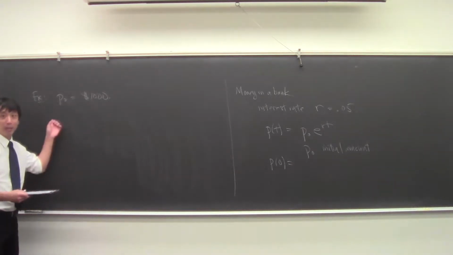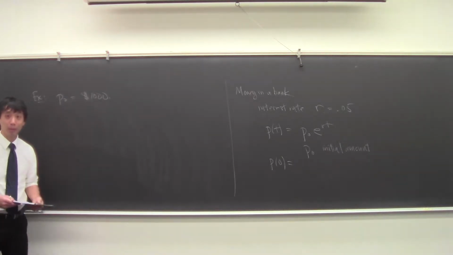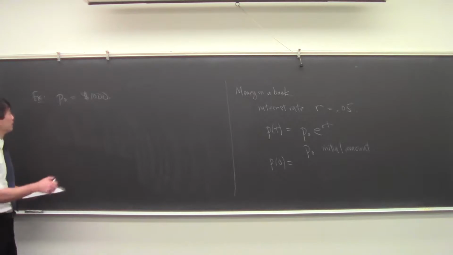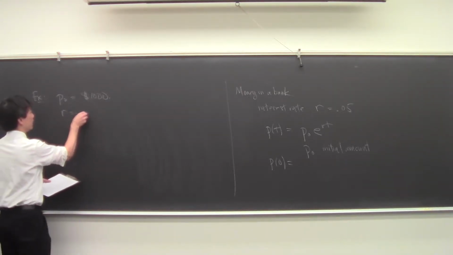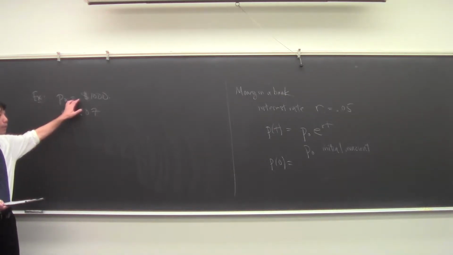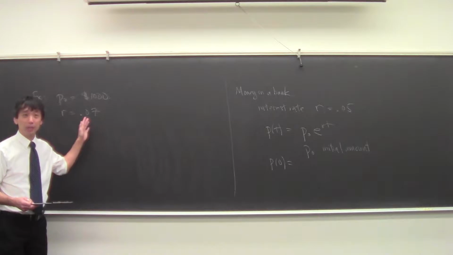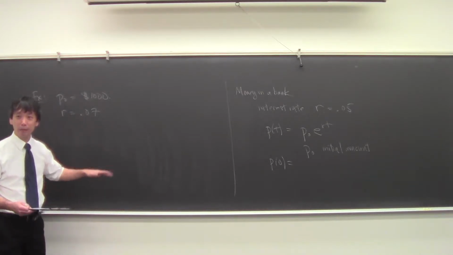You decide to put your money in the stock market instead. For a long period of time, the stock market used to average about 10% growth every year. Nowadays, it's like 6 or 7%. So let's say that the rate is 0.07 now. You say, okay, well, what's going to happen to this money over time, on average?